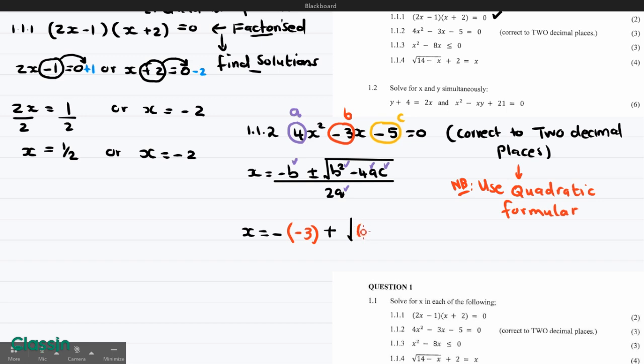Minus b, then minus 4, then in number a we have 4, and c is minus 5, all divided by 2 into a.